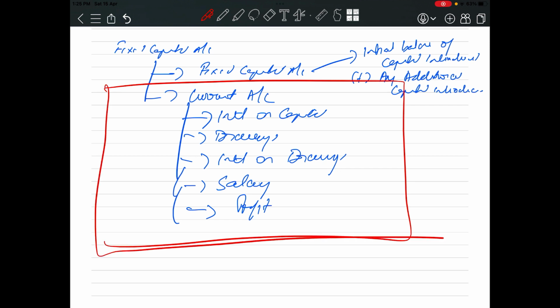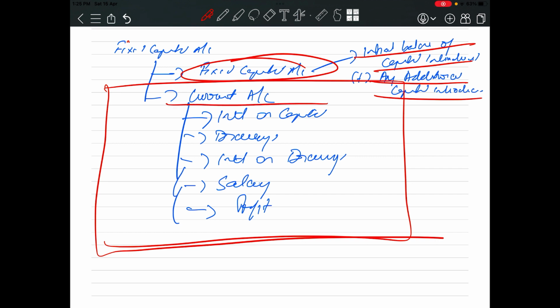Simple. If the question asks us to prepare a fixed capital account, we will prepare two accounts. One will be fixed capital, which will have only the initial balance and any additional capital introduced, and all the transactions related to the partner will go to the partner's current account. I hope this is clear.